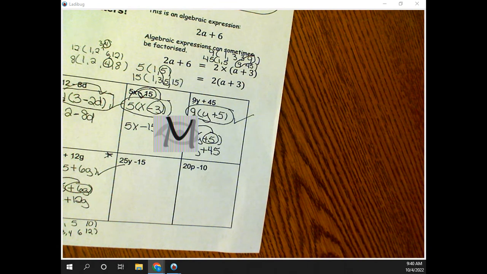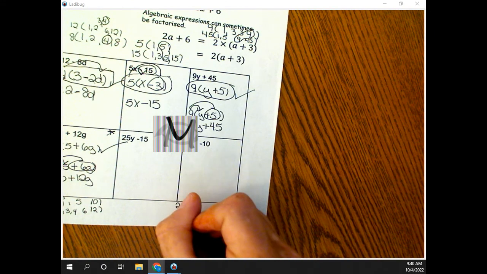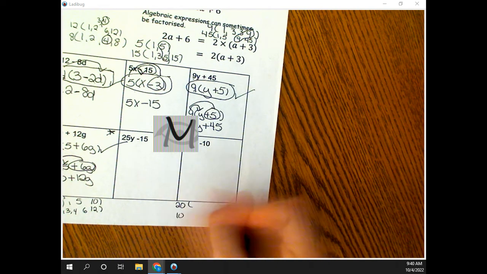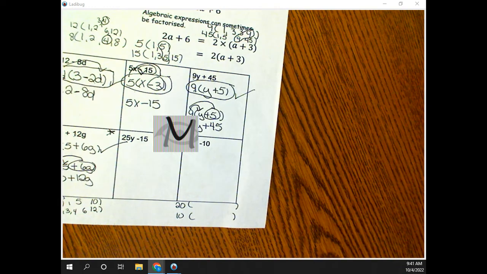I love that I see some calculators being used. So down here, I'm going to do my 20 and my 10. It's just time consuming, and making sure that you go back and double check your work.